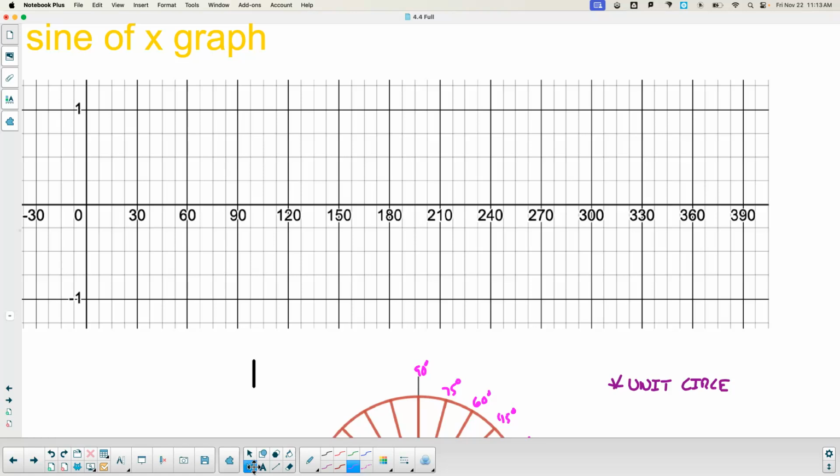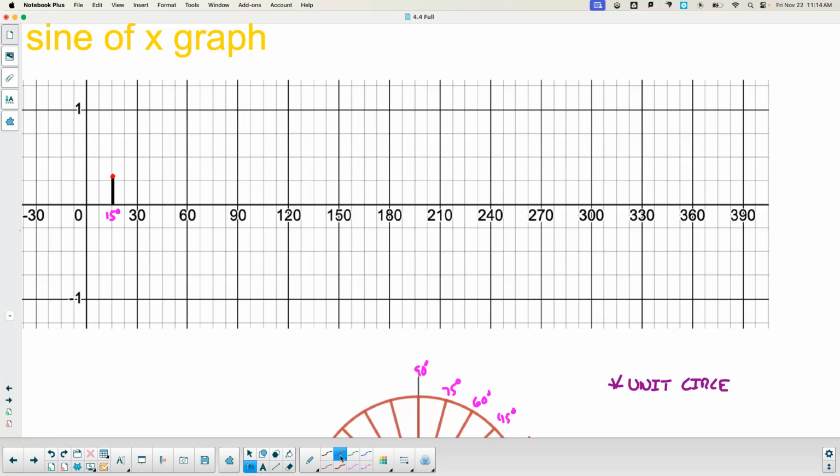Well, 15 degrees is right there. So you're going to measure out and put a dot at the end there. You've got to measure it first. Don't just put random dots.